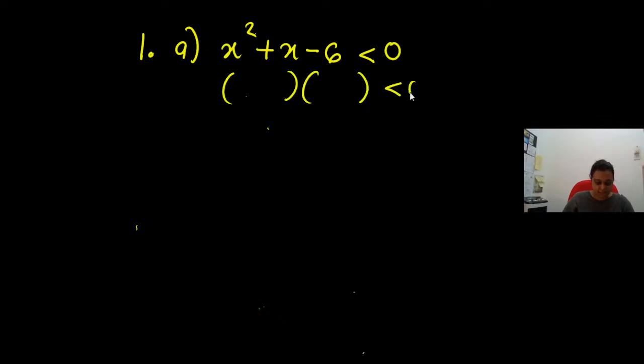The question was x squared plus x minus 6 smaller than 0. I'm just going to follow the same working we did just now. Just make sure you put it in brackets and find the roots first. Okay, x minus 2, x plus 3.